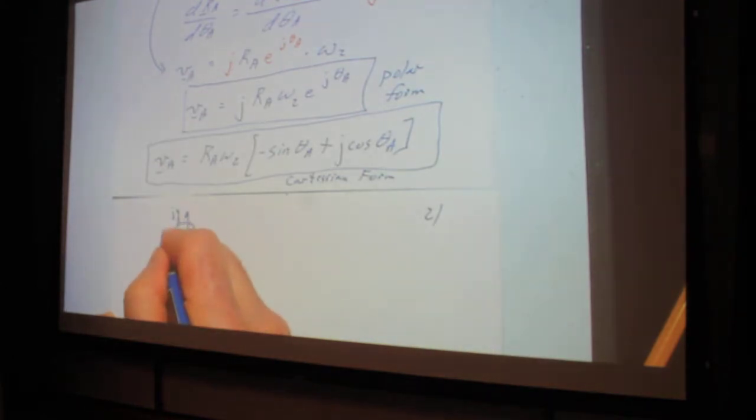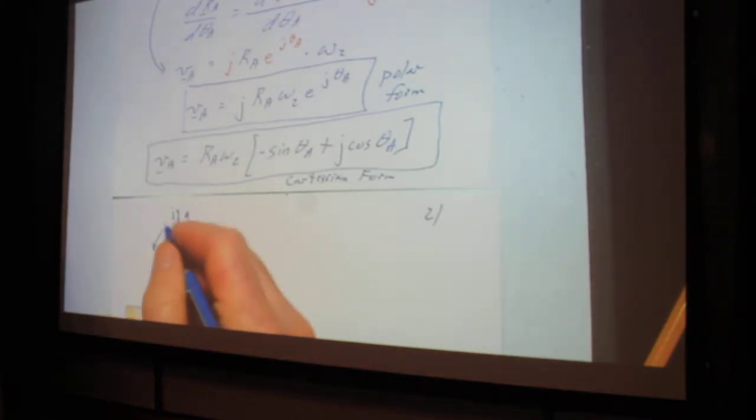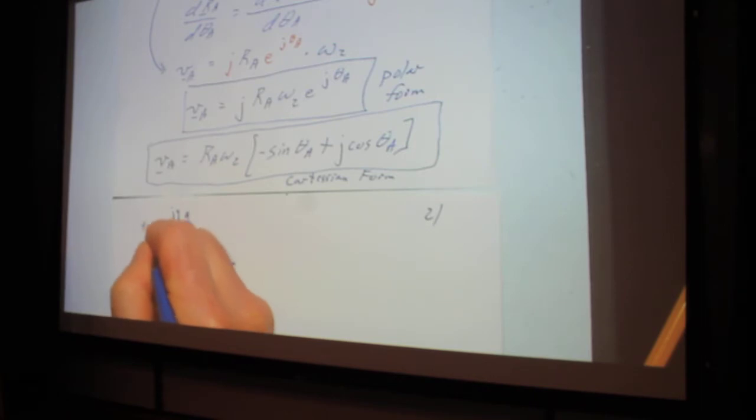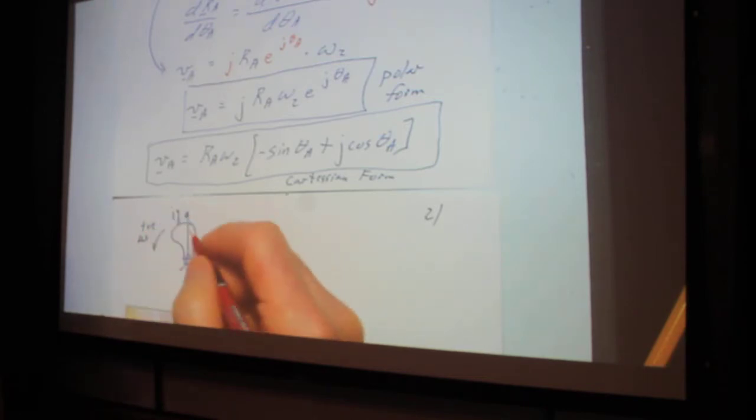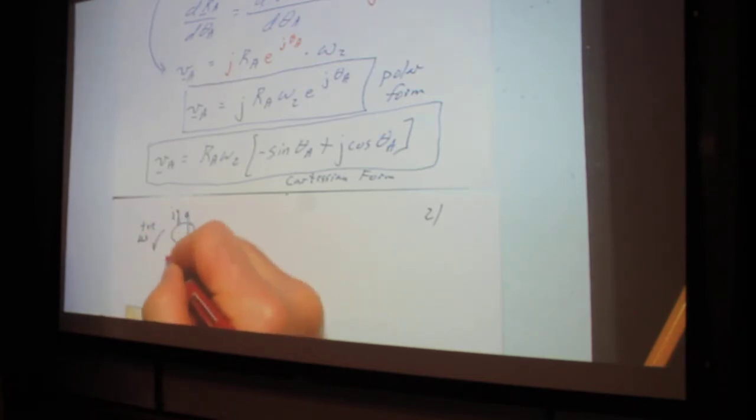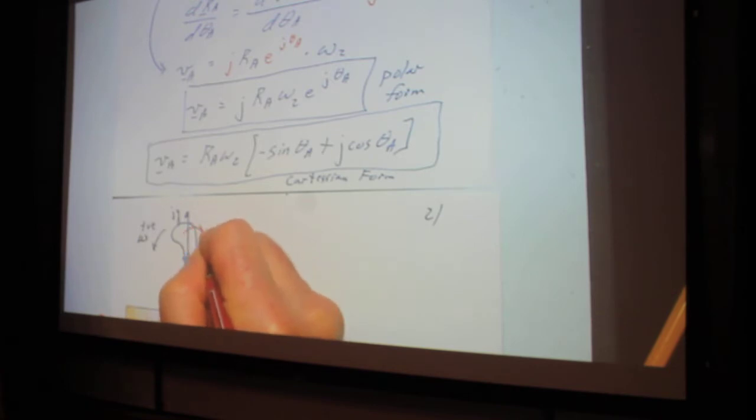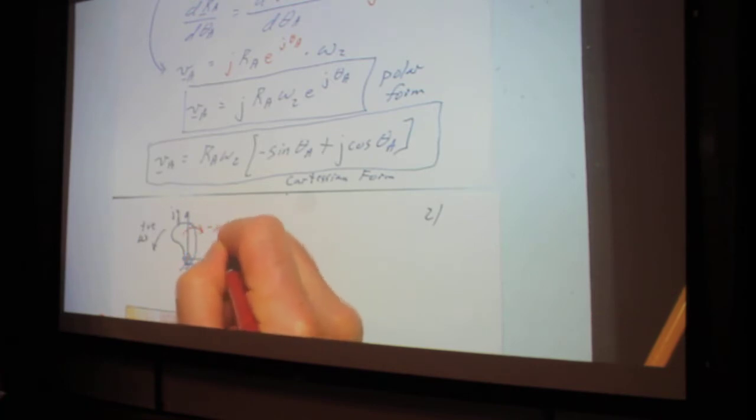If I say that we have omega going this way, that is a positive omega. And if we have omega going this way, that is a negative omega.